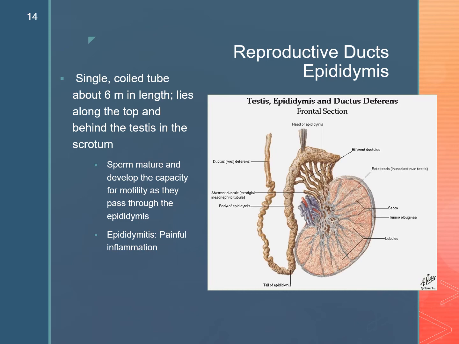Now, a condition that can occur with the epididymis is called epididymitis, and that is typically associated with sexually transmitted diseases and can present itself with pain and swelling and redness and an increased white blood cell count.